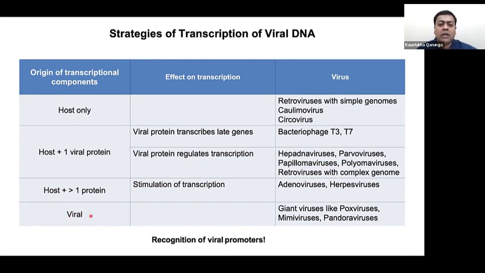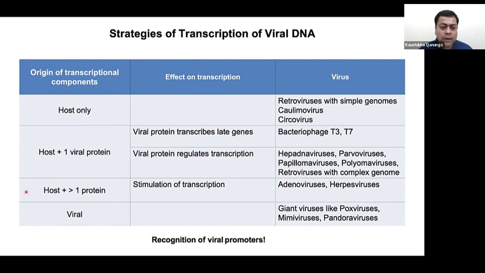They do not use any host transcription factors. So if you go from top to bottom, smallest, medium, a little bit larger, and largest, this is the increase in genome size. As the genome size increases, the number of transcription factors provided by the virus actually increases. So now here is a very important idea.